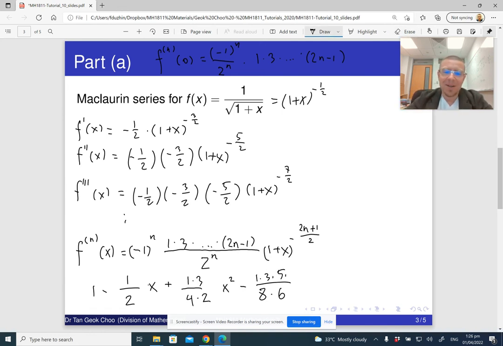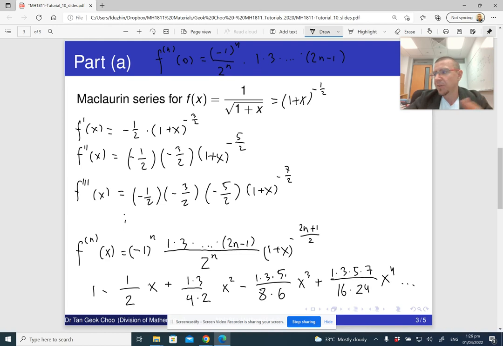Silly me. Okay, times x cubed plus 1 times 3 times 5 times 7 divided by, now there are 4 of them, so it's going to be 2 to the 4, which is 16, times 4 factorial, which is 24, x to the 4, and so on.